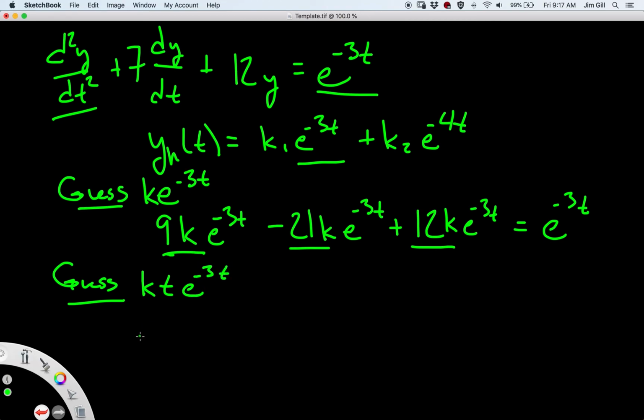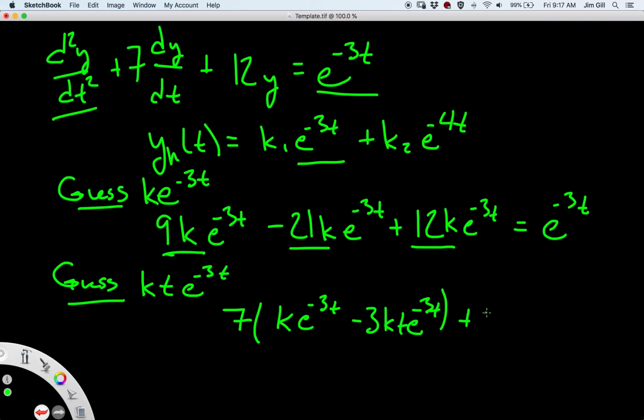When we do that, this becomes a little more difficult in the sense that we have to take two derivatives of this term, and of course the product rule is involved. So I'm going to put down the first derivative here first. The first derivative is going to be k e to the minus 3t, or rather, minus 3kt e to the minus 3t.